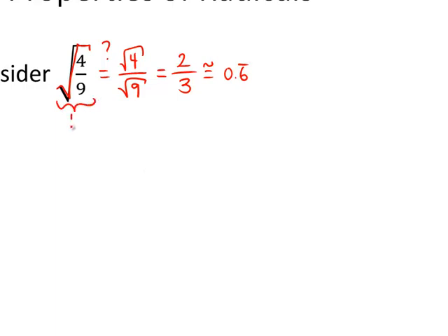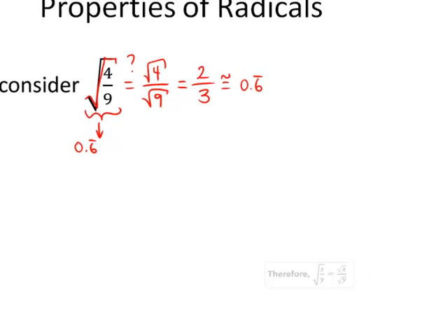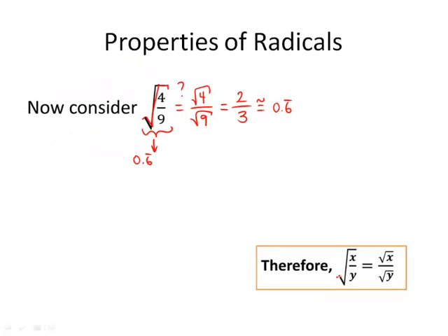Now let's see what we get when we type this into our calculator. Root of 4/9 is also 0.6 repeated. So therefore, we can split a root over division.